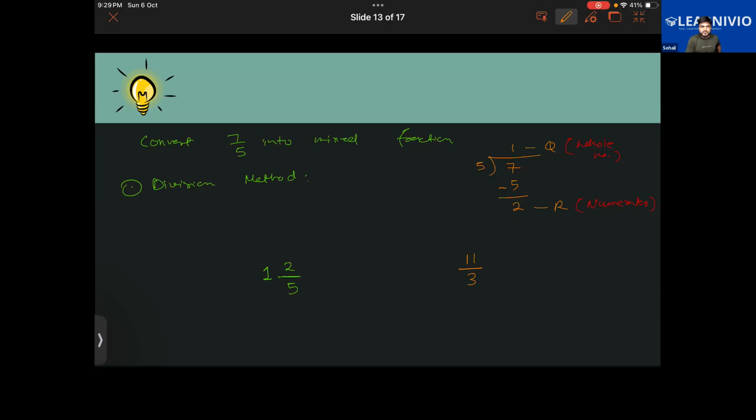The whole number is 3, yeah, that's correct. And the numerator is 2. Same answer you're getting, Habib? Very good. The denominator is 3. Okay, that's it for today.